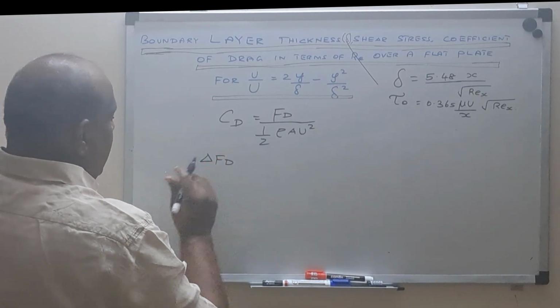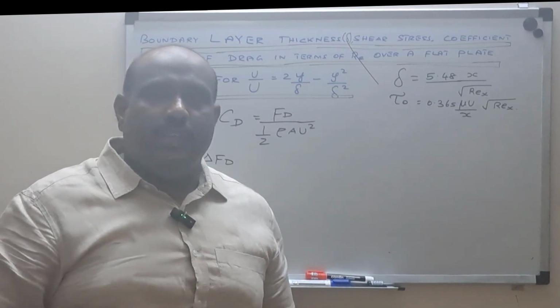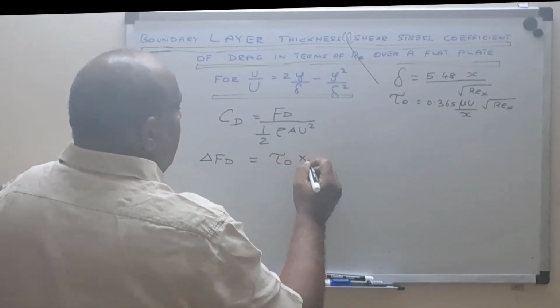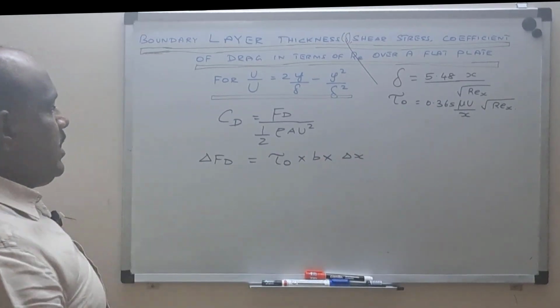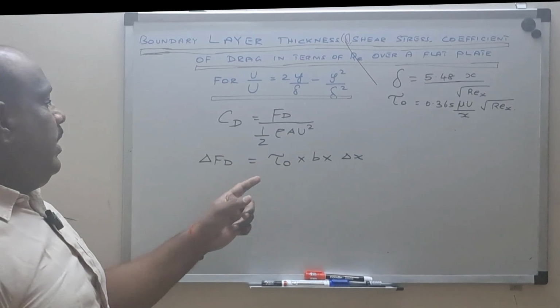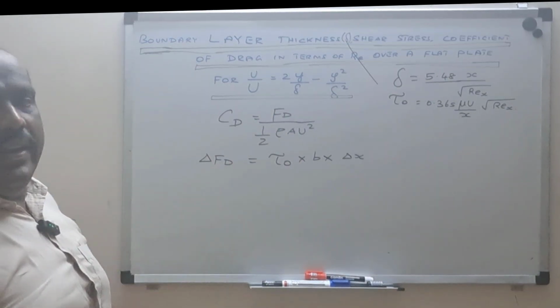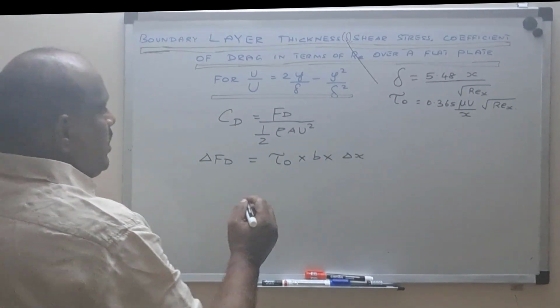Delta Fd is the drag force over the elemental length. The drag force over the elemental length is given by tau naught into B into delta x. Okay, so let us first find the value of Fd and substitute here. Then we'll simplify to get the CD and we'll finally end up with the relation between CD and the Reynolds number.